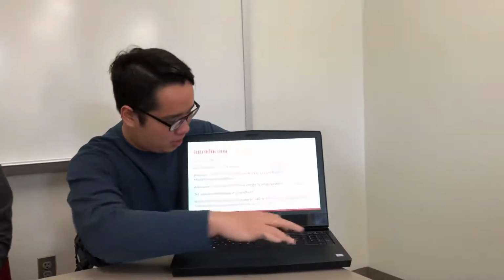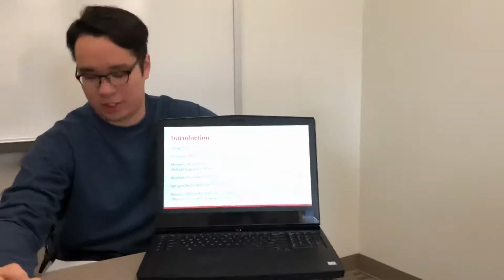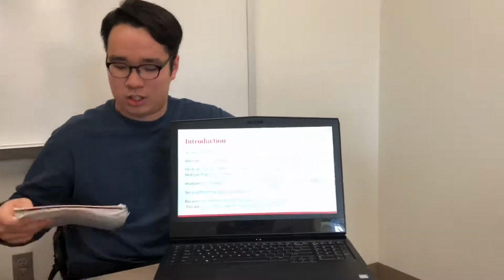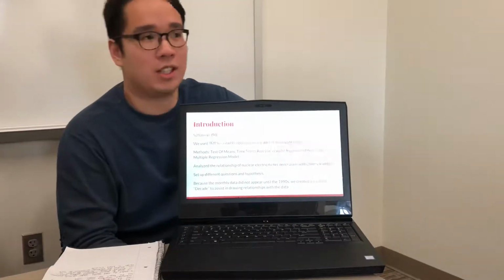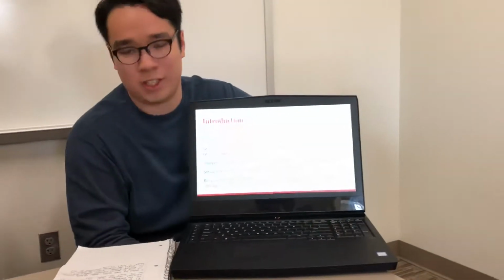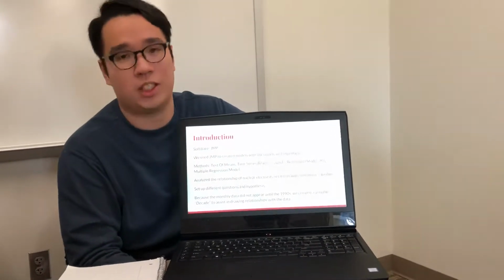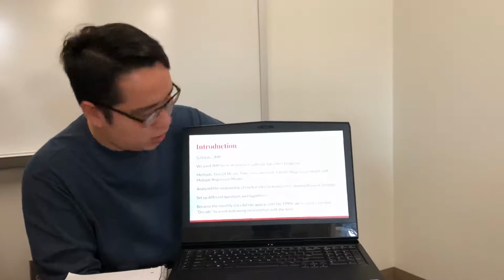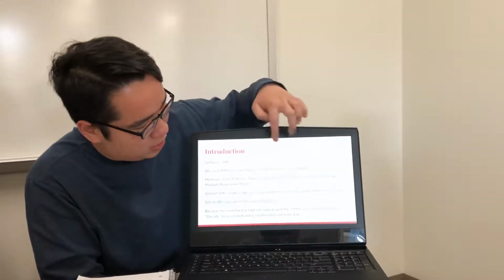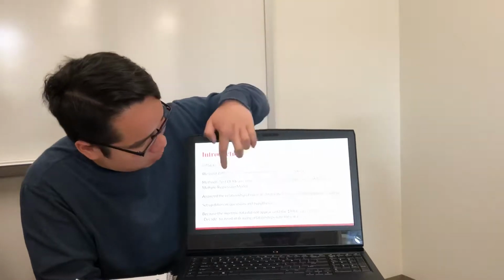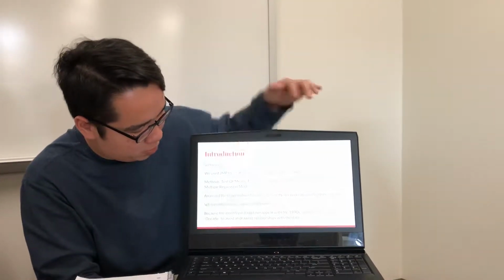Alright, and we got our data from the US Energy Information Administration. The data range from January 1st, 1973 to December 1st, 2017. The GEM software aided us in creating relevant models such as the time series analysis, the logistic regression model, test of means, and the multiple regression model.